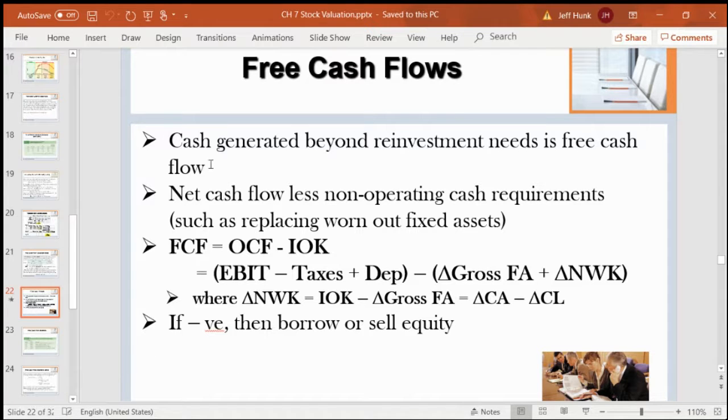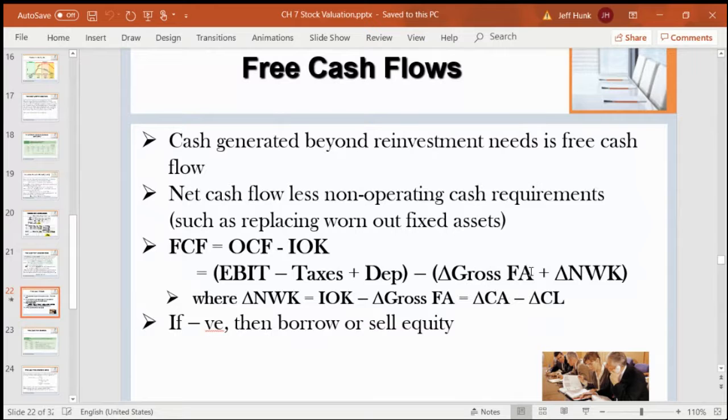That's what is meant by net cash flow less non-operating cash requirements, or cash generated beyond reinvestment needs. These are reinvestment needs, isn't that right?